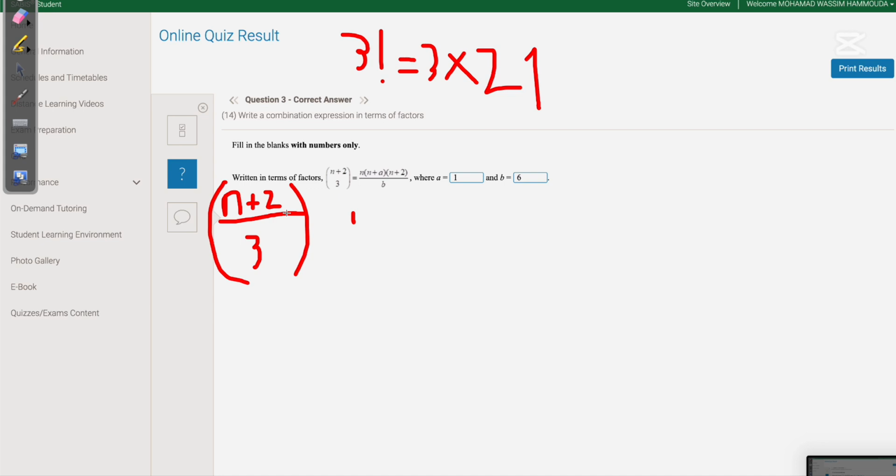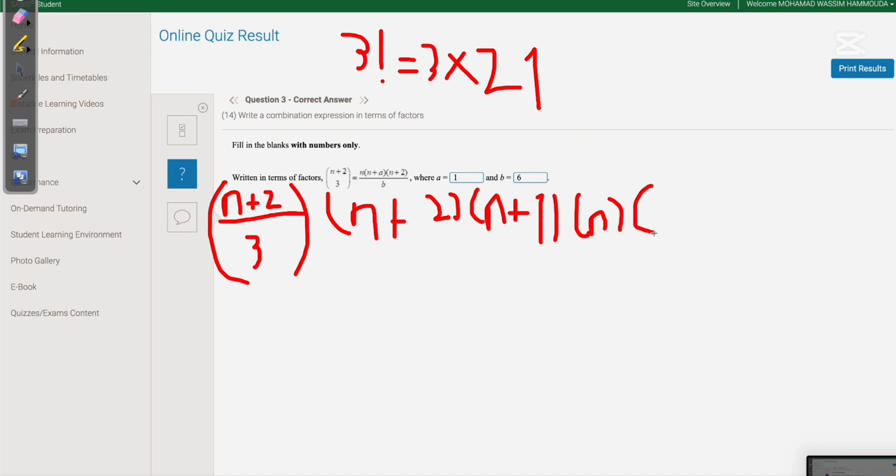First the numerator, which is factorial n plus 2, so n plus 2 times n plus 1 times n times n minus 1 and so on.